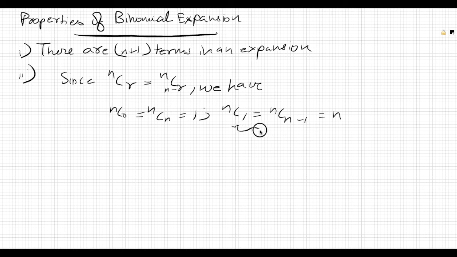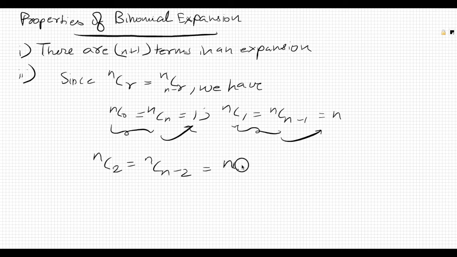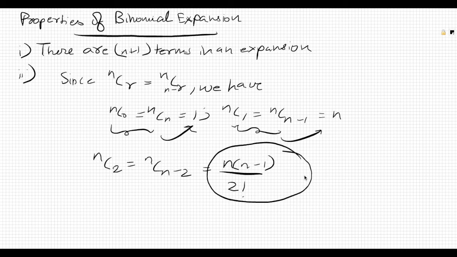On further simplification of this or this, you get this result. We also know that nC2 is nC(n minus 2), which is n into n minus 1 divided by 2 factorial. This result is very useful in many questions.